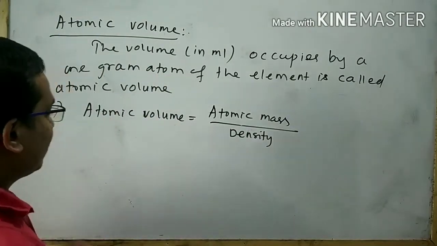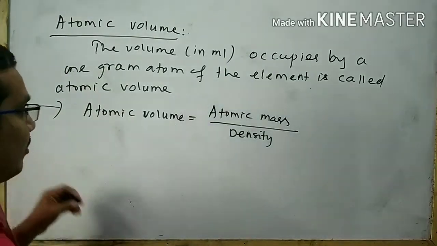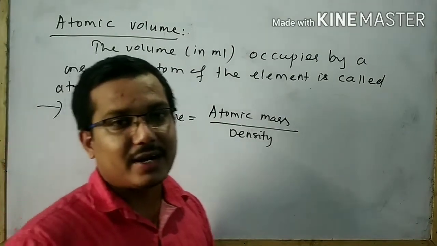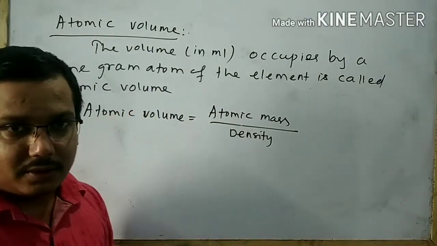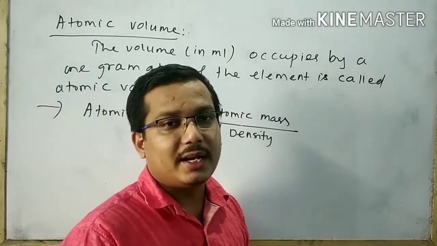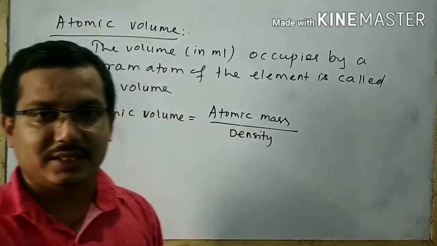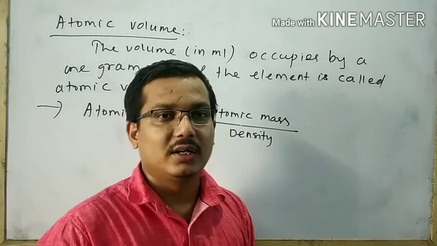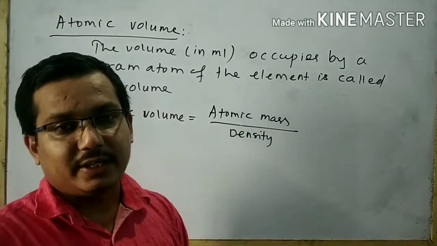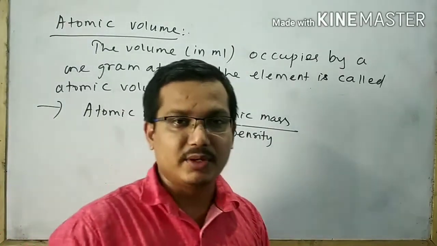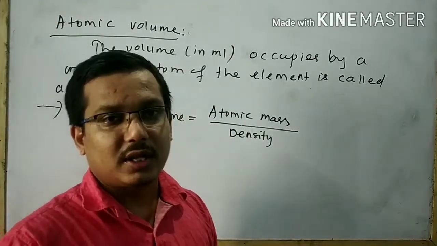At first, the variation along the period. Actually there is no regular trend in atomic volume of the elements along the period. That means the decrease or increase may be equal, or there is no certain regular increasing or decreasing order of atomic volume along the period.